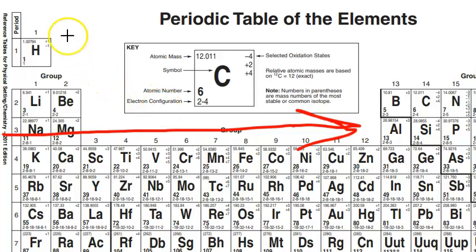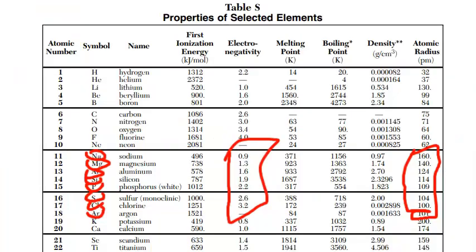That means we're going to reference table S. You can see very clearly here, I marked up the elements going across period 3, and I've also gone ahead and kind of circled, I guess it's more like a rectangle, the electronegativity values for those elements and the atomic radius. The electronegativities as we go across are increasing, and the atomic radius overall is decreasing.